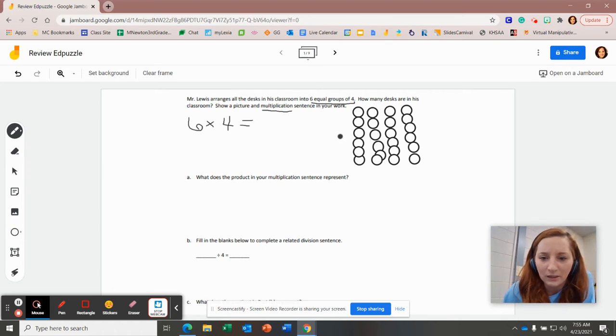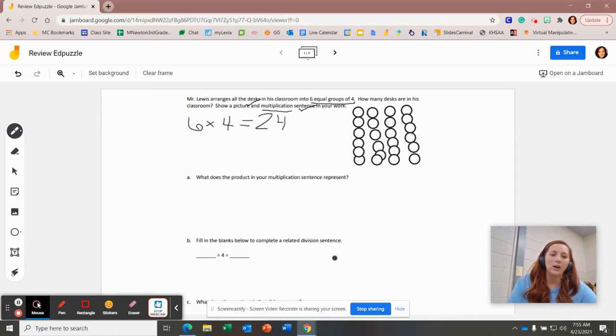You could do the cookie method if you wanted to. And then whenever I add up all my circles, I can count them by 4s. 4, 8, 12, 16, 20, 24. So my product is 24. So I've answered all parts of the question because I have a picture right here and a multiplication sentence.